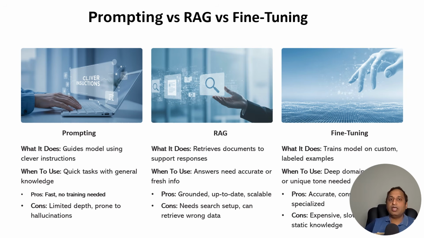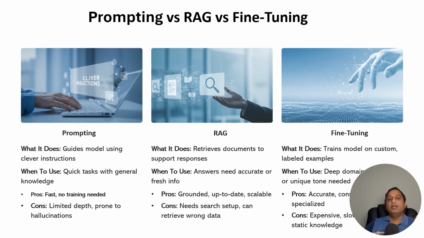Again, this has some limitations. This is ideal when your data changes frequently, like customer FAQs, news or legal rules, and you want the model to stay grounded in real sources. This is good, but the downside is that a lot of times these vector databases, when they do semantic search, might get data which is irrelevant to the user question, and the model might give you an answer which is not so accurate.